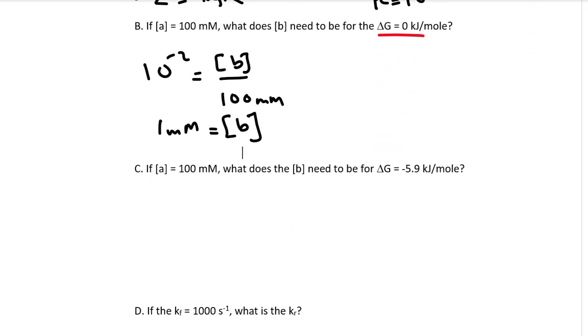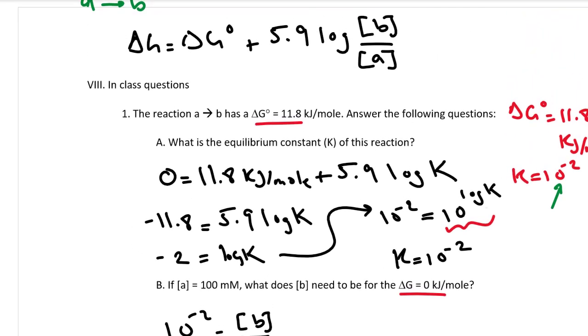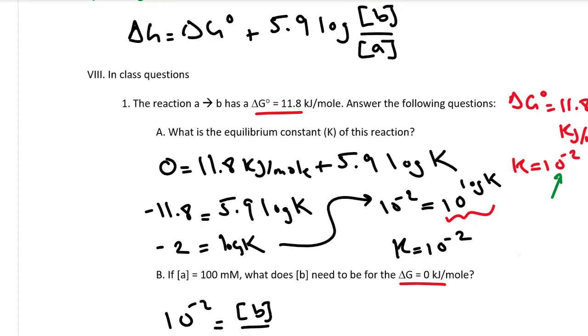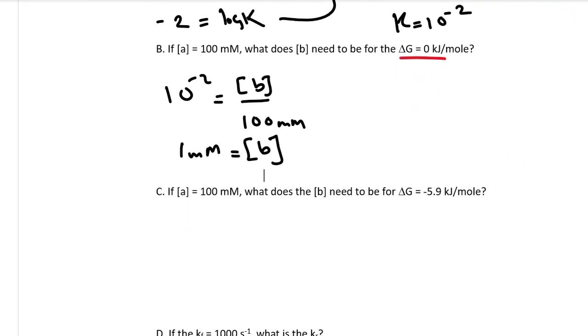It says if A is 100 millimolar, what does B need to be for delta G to be negative 5.9 kilojoules per mole? So we're going to go back and use this equation right here: delta G equals delta G standard plus 5.9 log of B over A. Our delta G standard is 11.8 kilojoules per mole, and the delta G is negative 5.9.